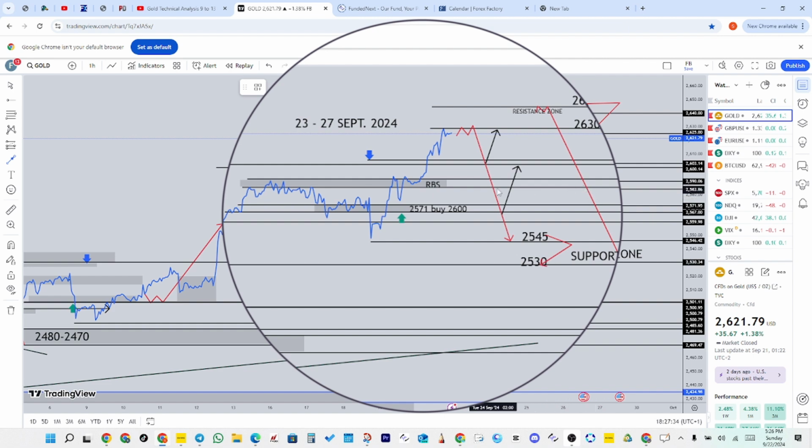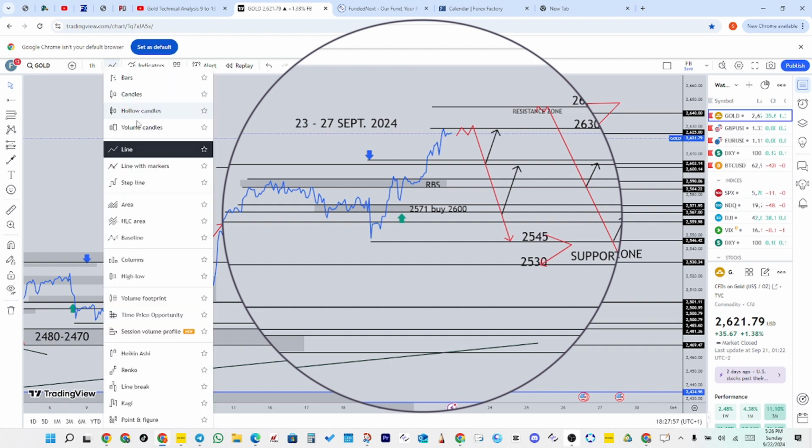These are the areas. All these zones are more or less retest areas. They are retest areas, so just take note of them. They are all retest areas. So kindly take note of that.